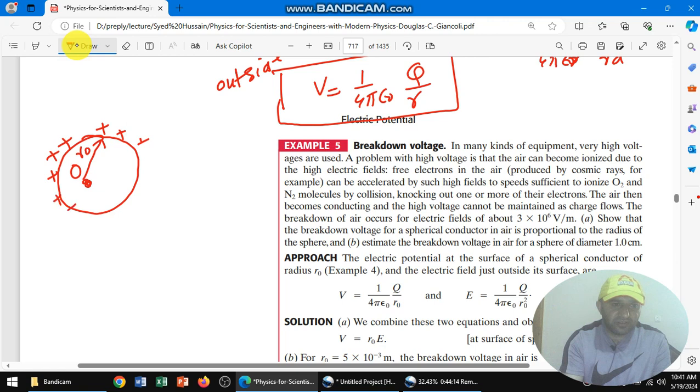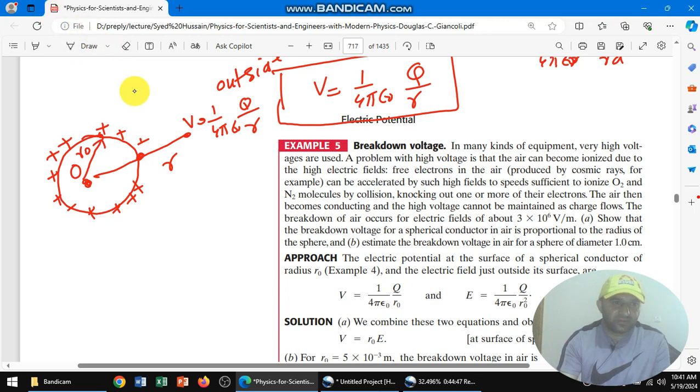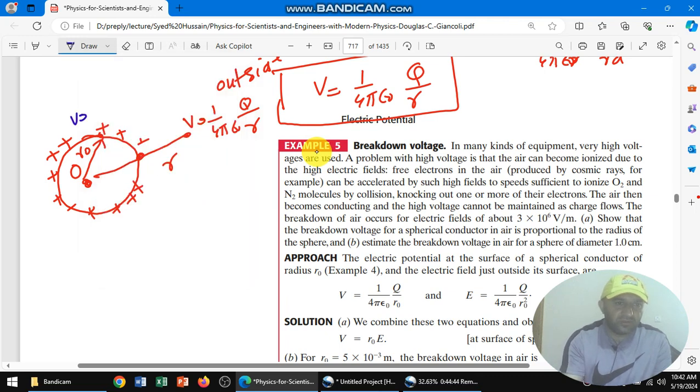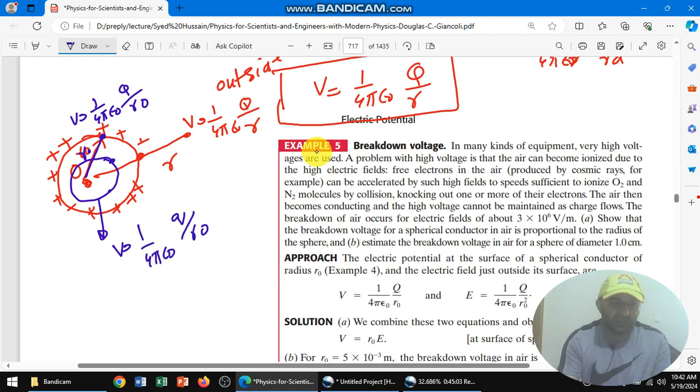If charges are distributed on the surface, the potential outside the sphere at a distance R is V equal to 1 over 4 pi epsilon naught Q over R. The potential at the surface, where the radius is R naught, is V equal to 1 over 4 pi epsilon naught Q over R naught. The potential at any point inside is also 1 over 4 pi epsilon naught Q over R naught.